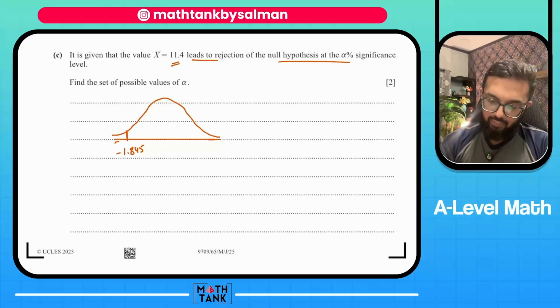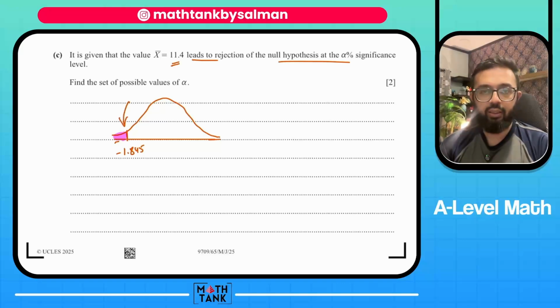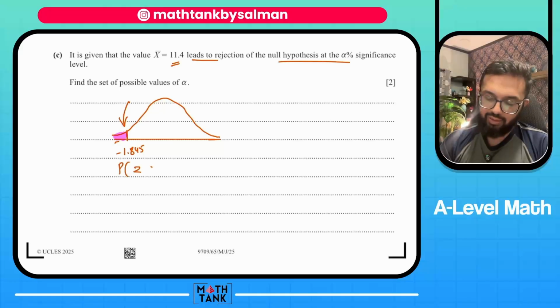So this is my borderline alpha, right? I will have to calculate alpha based on this border. If alpha is less than this border, then my hypothesis will get accepted because the test statistic will get accepted. So I want to calculate the probability of z less than minus 1.845.